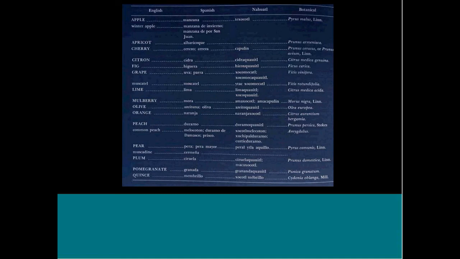And this is just some of the things that we see associated with the map, and some of the botanical language associated with what was being grown. For instance, the pears, the pomegranates, the quince, the grapes, and the apples, all of which appear on the map itself in their Nahua names.